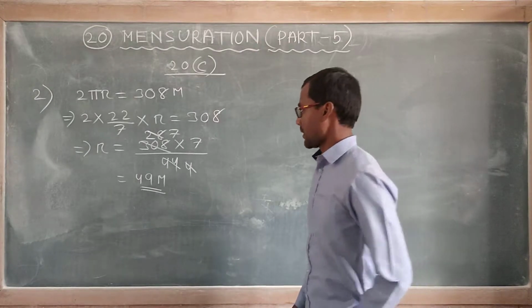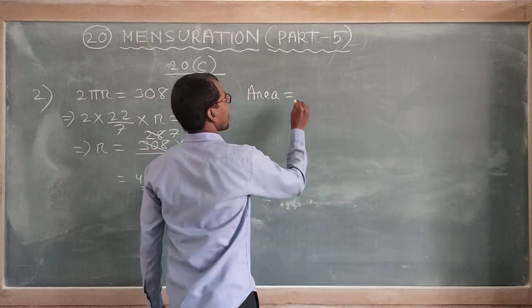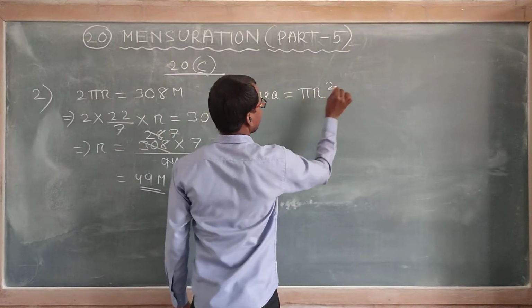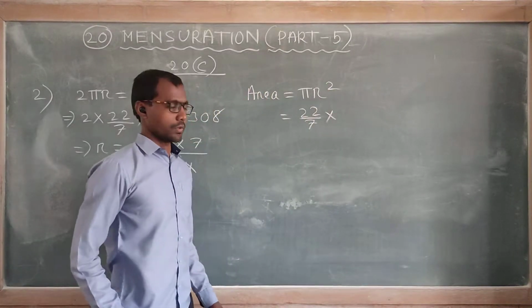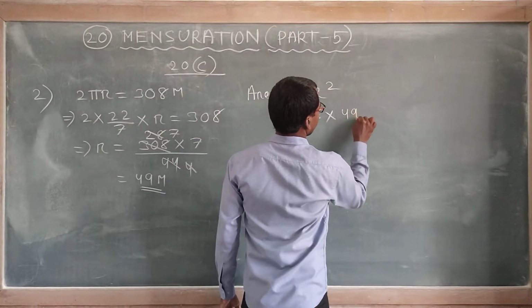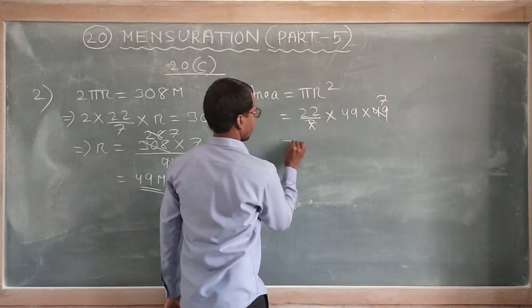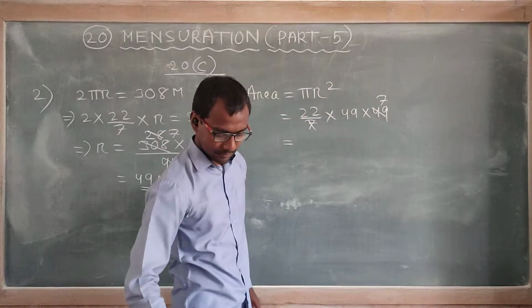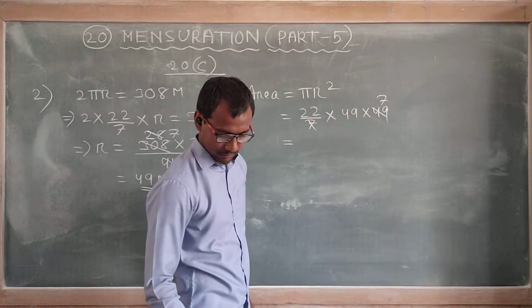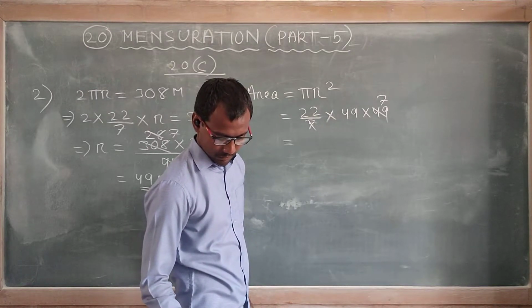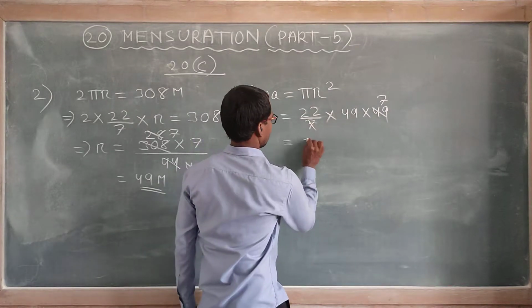Now let us go for area. Area is equal to pi r square, 22 by 7 into 49 into 49, which is 7546.